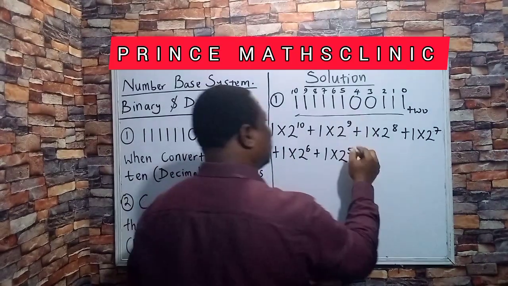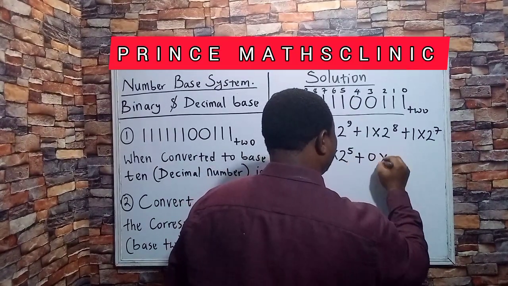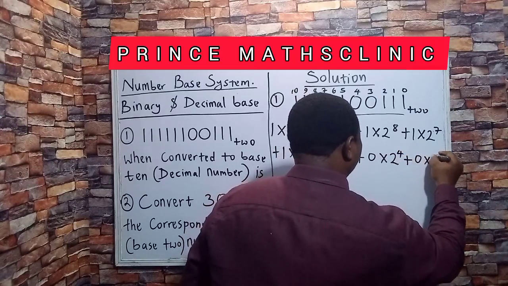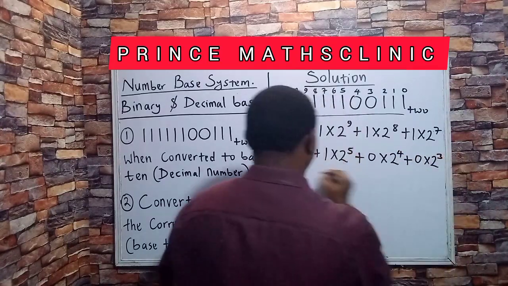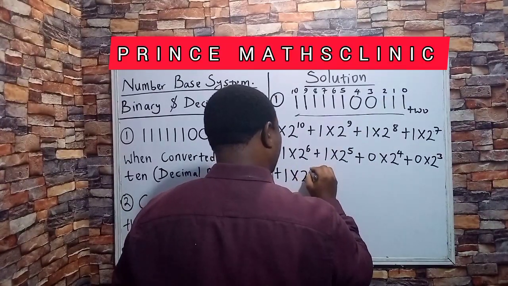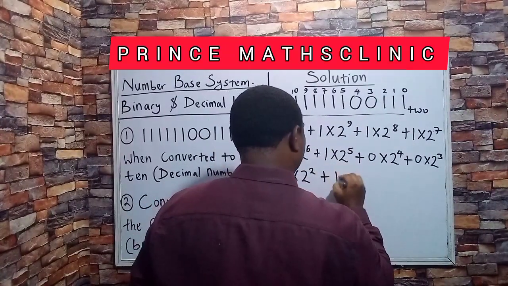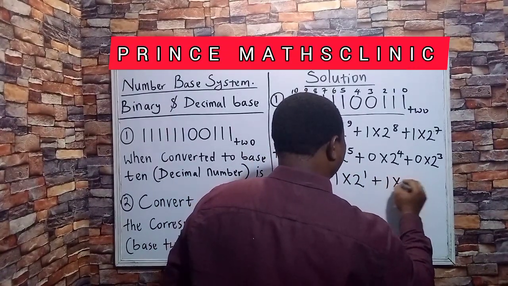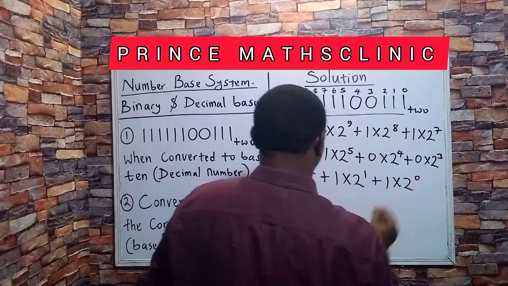Then this is 0 times 2 to the power of 4 plus 0 times 2 to the power of 3. Then plus 1 times 2 to the power of 2 plus 1 times 2 to the power of 1 plus 1 times 2 to the power of 0.